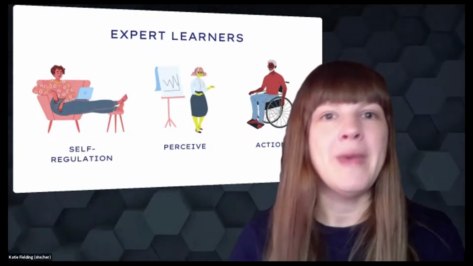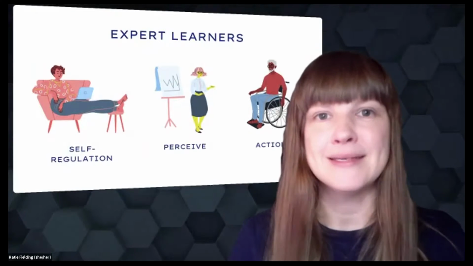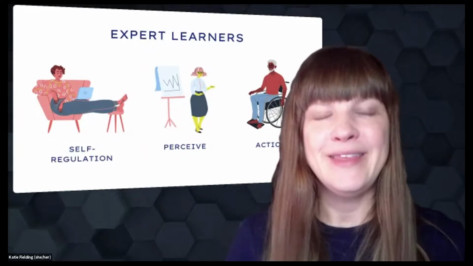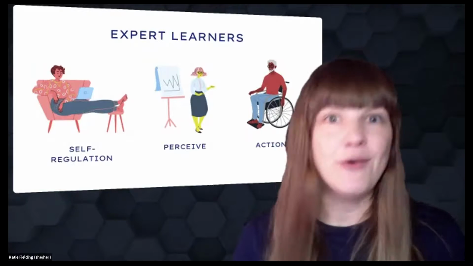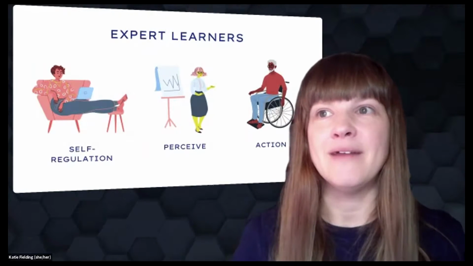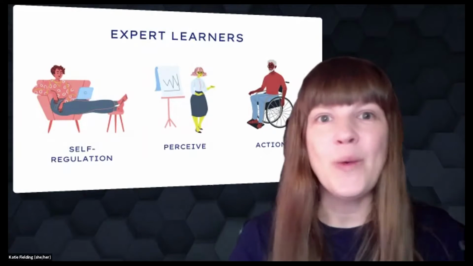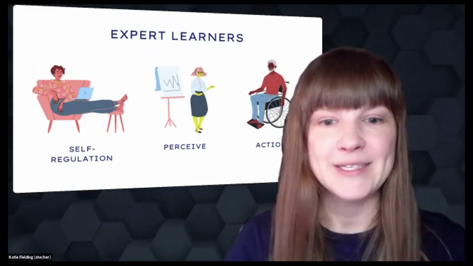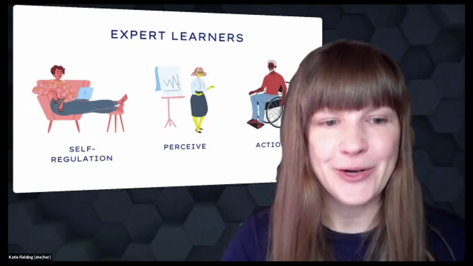For those of you who may be low vision or blind, all of the decorative elements on the slides are completely decorative and have no bearing on the understanding or any additional value to the presentation. So you're not losing anything if you cannot view those slides. And lastly, I invite you to go away from this session and take some action and bring these practices into your classroom. Because that's what expert learners do, they take action on what they've learned.